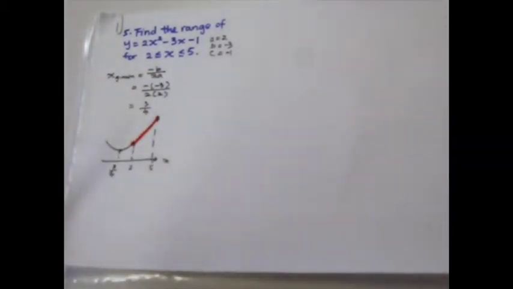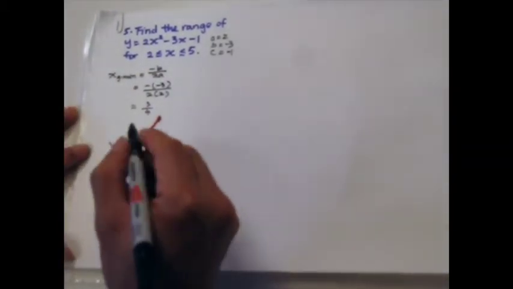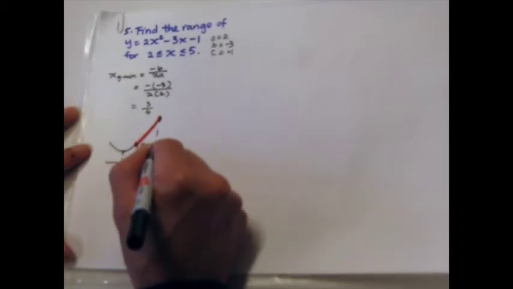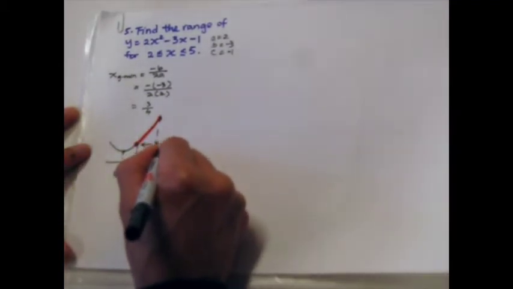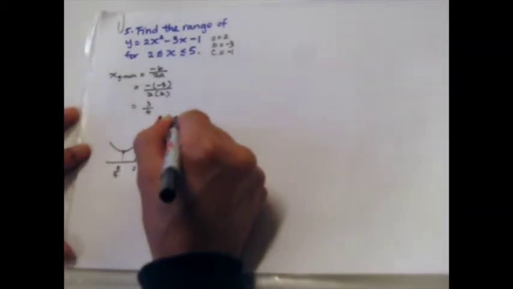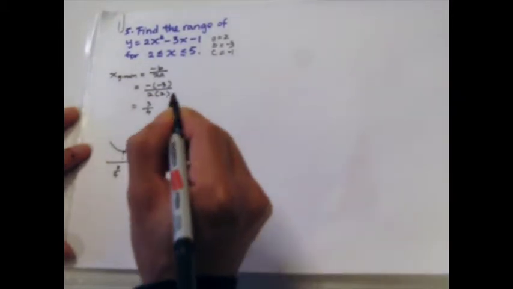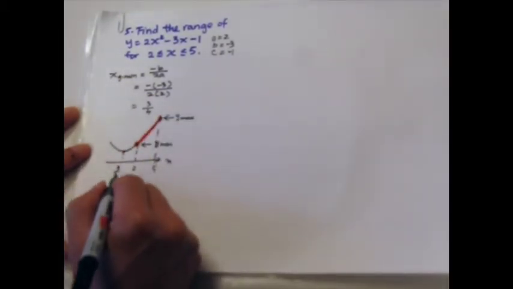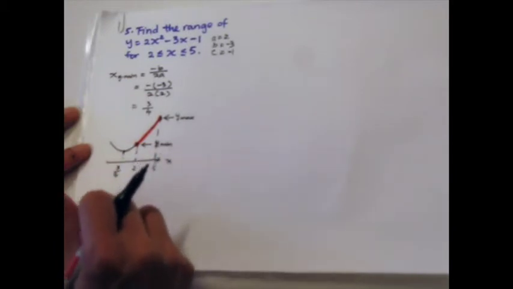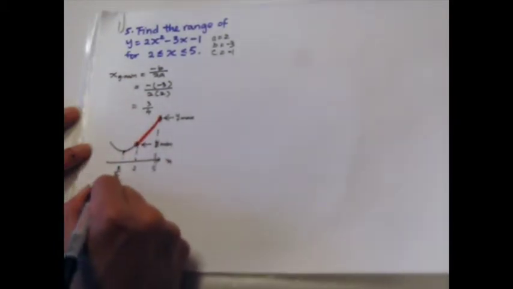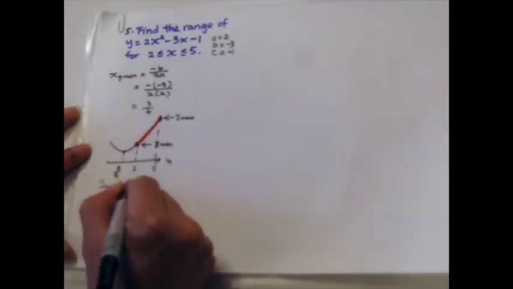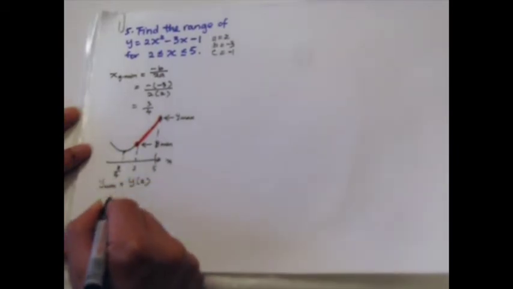After you sketch it, it's easy to see where the minimum is, and here is where the y max is. So the global minimum is not in the given domain. So y minimum in this case is just y of 2.